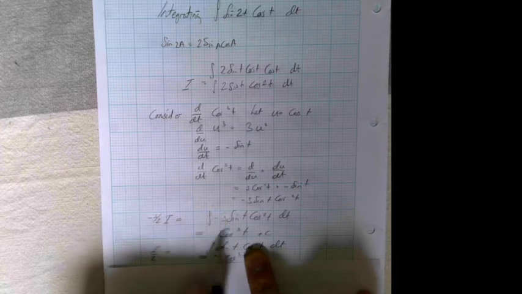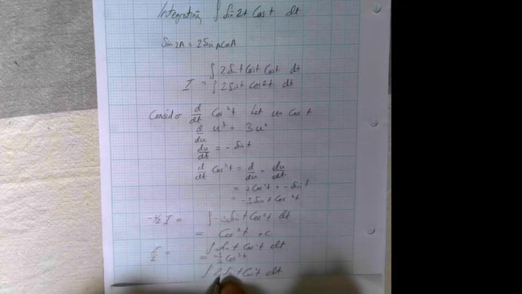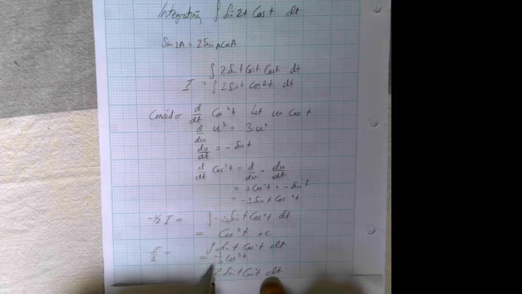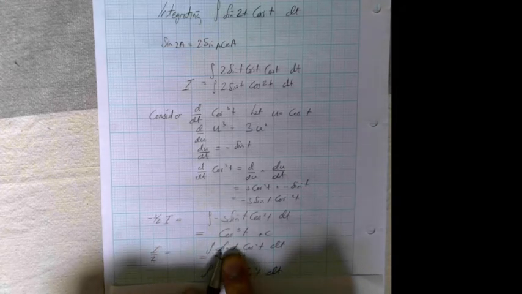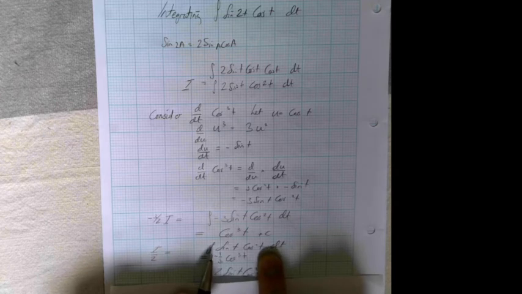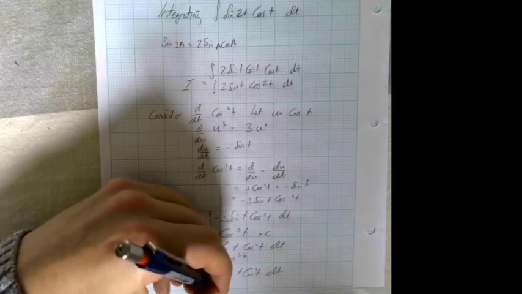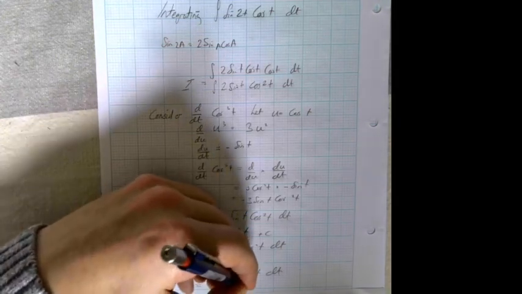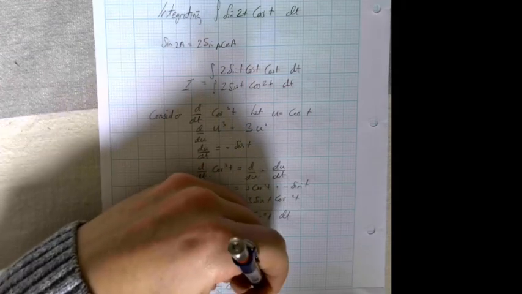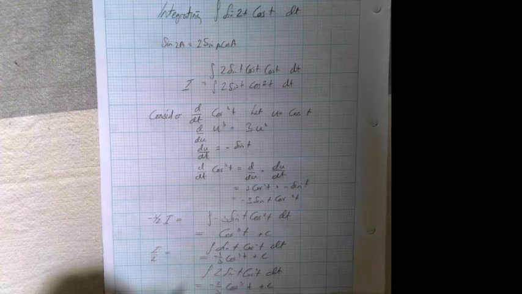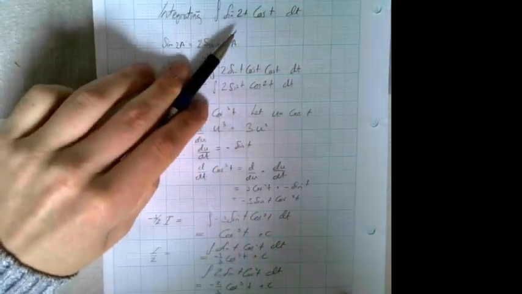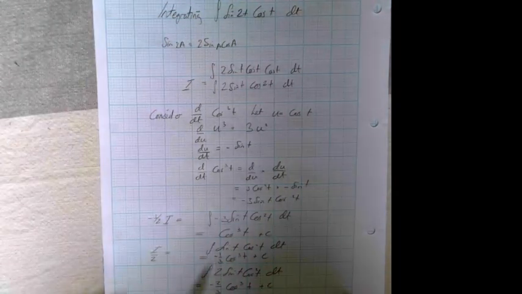It's just going to be this divided by negative 3. So if I was trying to integrate 2 sine t cos squared t, well, I'm going to get 2 lots of what this was. So I'm going to get negative 2 thirds cos cubed t plus some constant of integration. And that's how you integrate sine 2t cos t. Hope that helps.